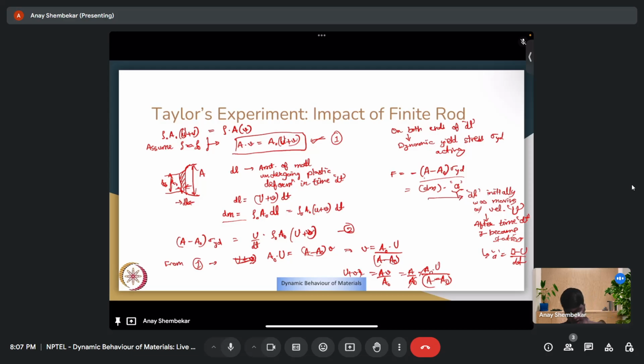We have also assumed that there is some dynamic yield stress sigma yd which acts on the interface, transforming a material moving with some velocity u into bringing it to rest with some sort of permanent deformation, and that gave us this form of relation, rho u square by sigma yd is epsilon square upon 1 minus epsilon.